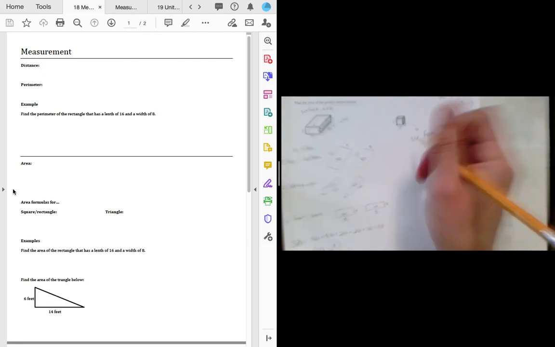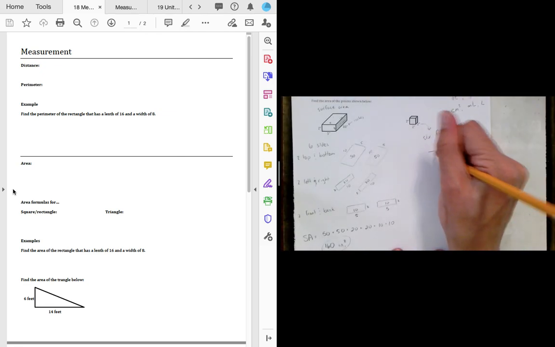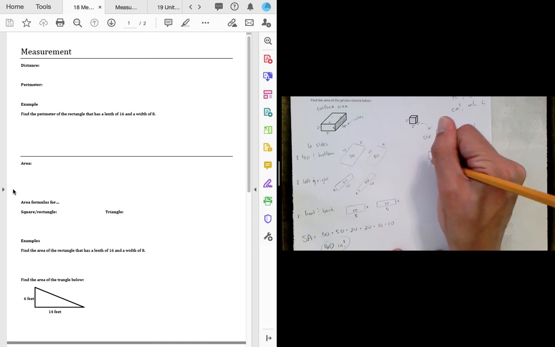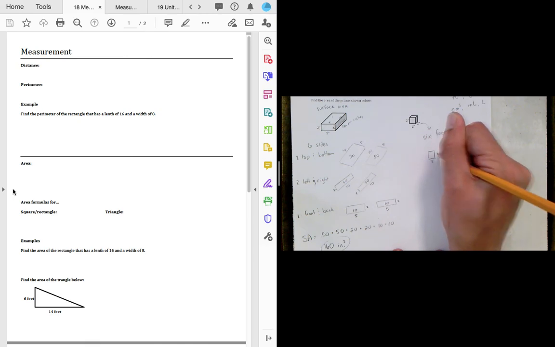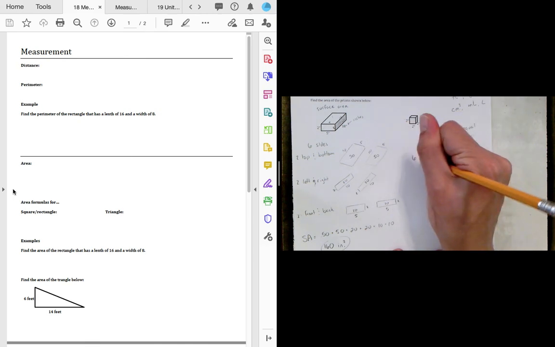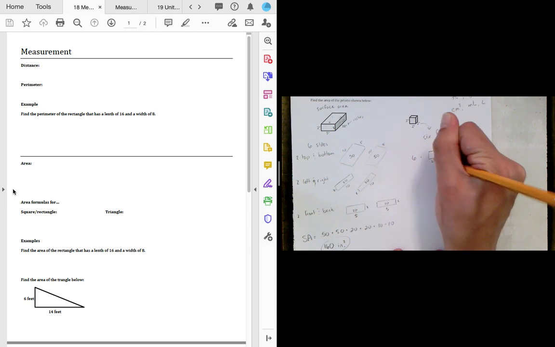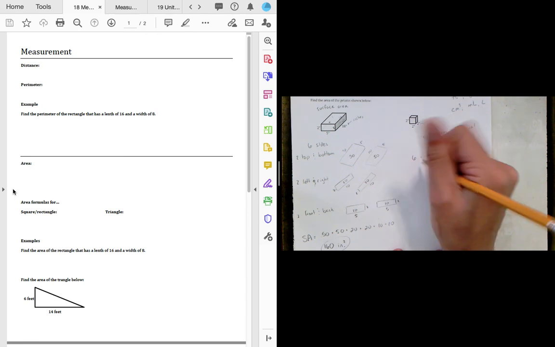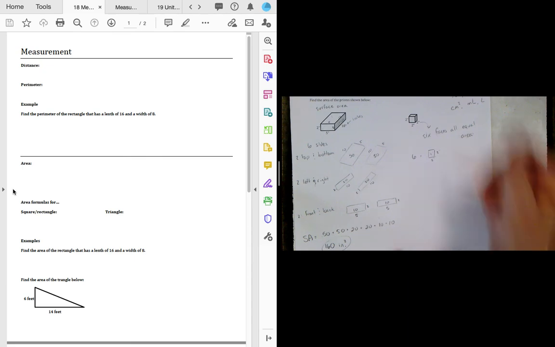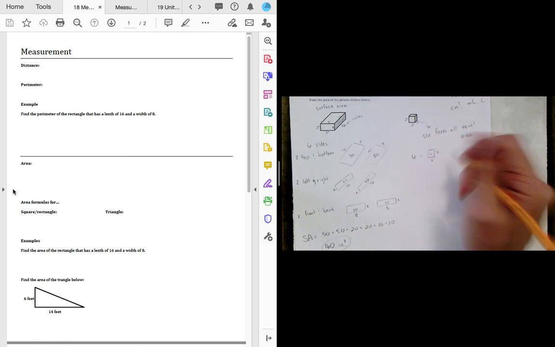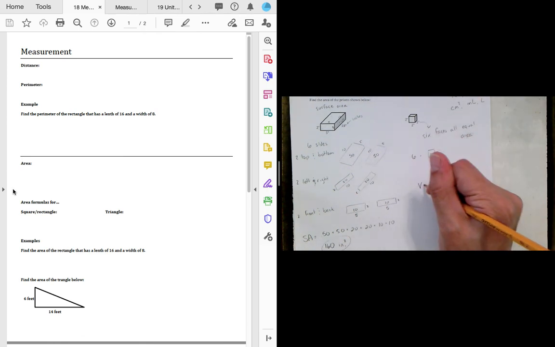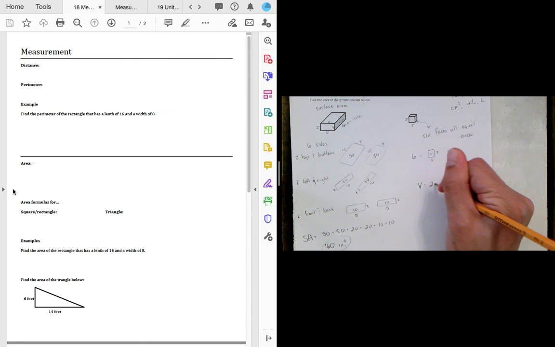So when we calculate the surface area, we only need to take one of these squares, which is a 2 by 2, and multiply 6 times that value. Similarly for the volume. Our volume for this problem would just be multiplying these 3 together as well.